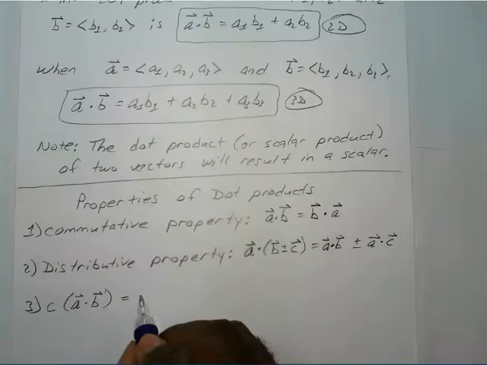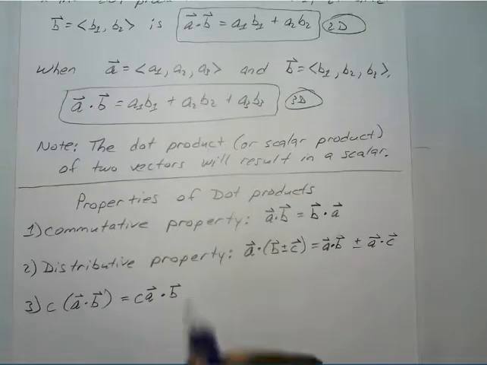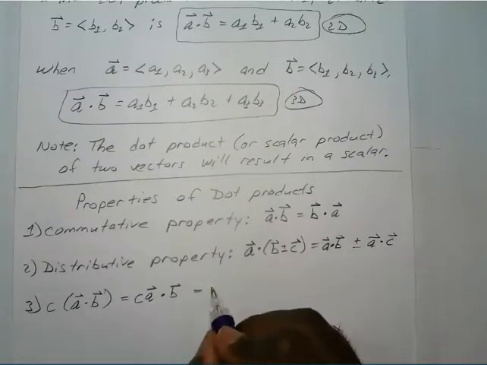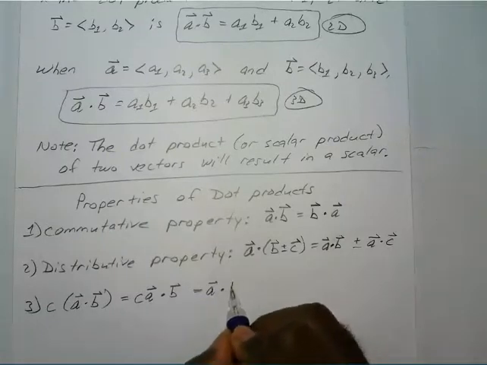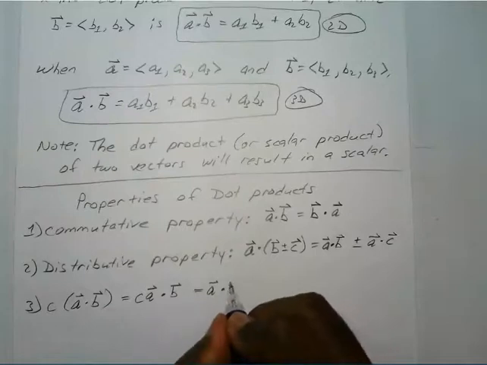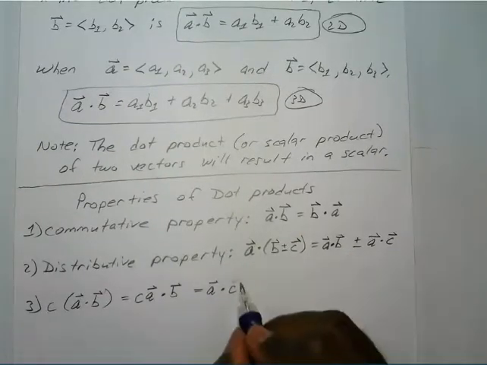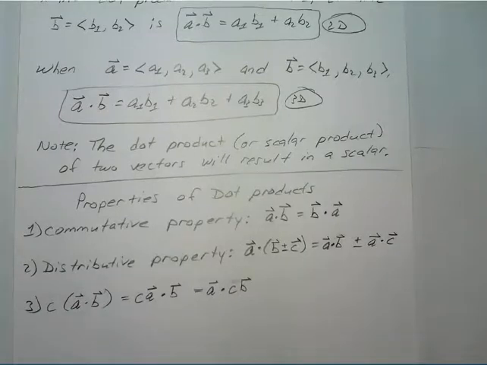So that's either equal to c times A, dotted with B, or A dotted with c times B. So you can move that constant to either one.